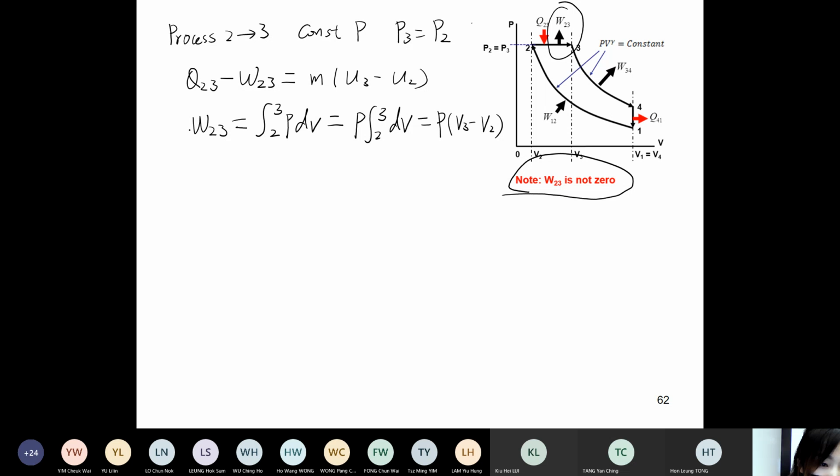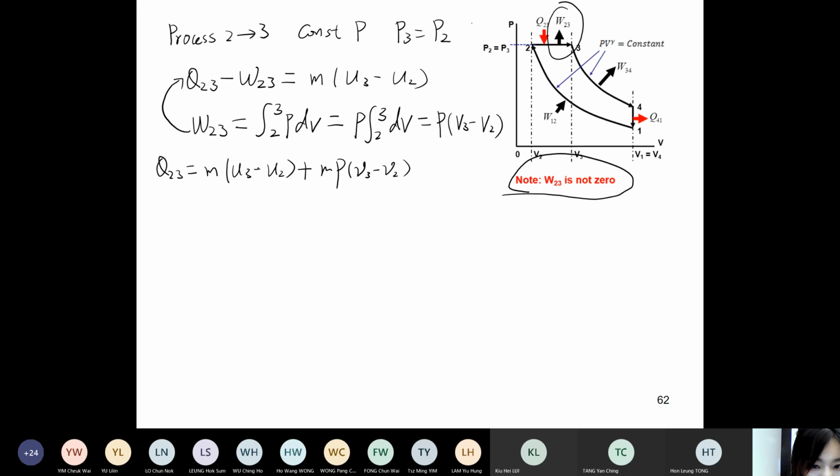Let's plug this definition into this equation. What we have is Q equals the change in internal energy plus P times the change in specific volume.